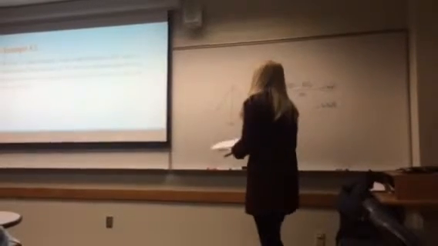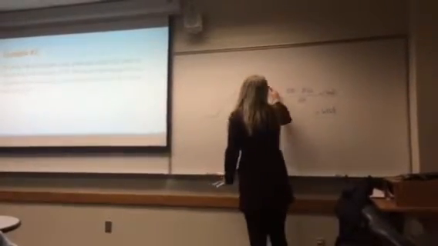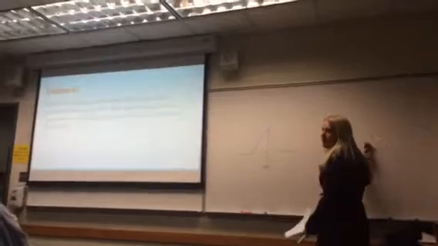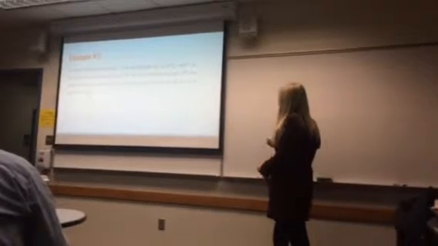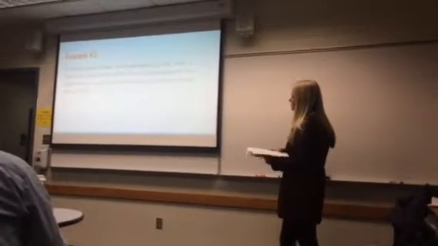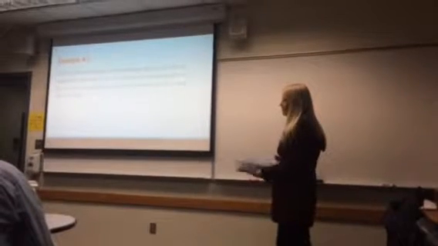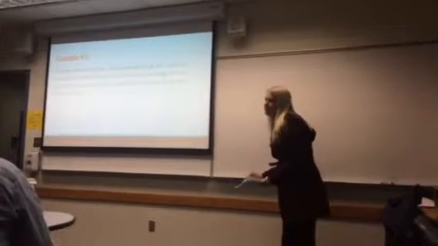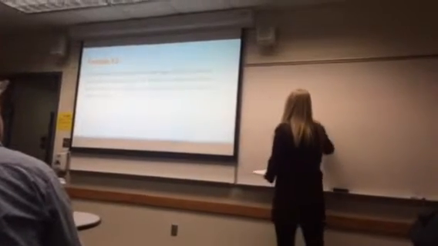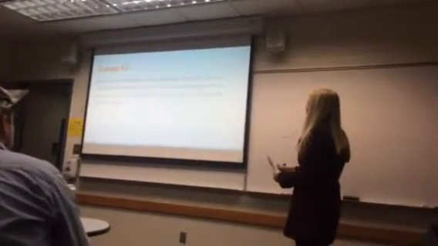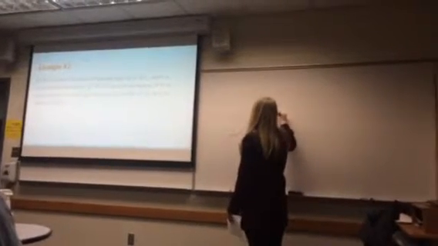Okay, someone read this for me? In the United States, the average IQ is 100 with a standard deviation of 15. What percentage of the population would you expect to have an IQ score above 100? Okay, so what should we do first? Draw it out. Perfect. So the average IQ is 100, standard deviation of 15.